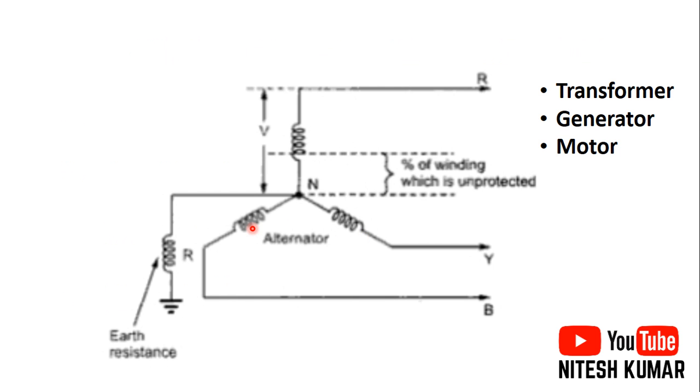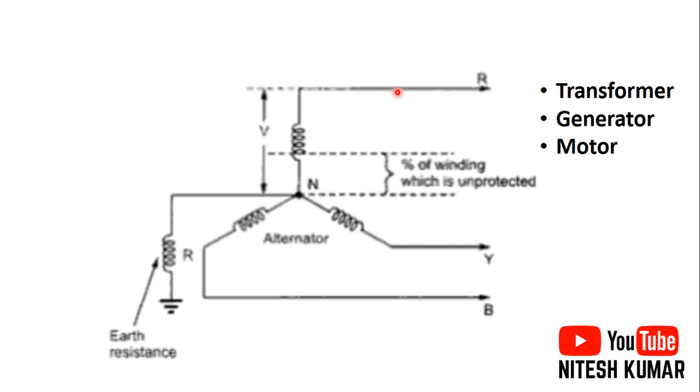Earlier, what happens is that suppose the fault occurred here in this winding. That means 85% of the winding towards the line will be covered by your differential protection relay.